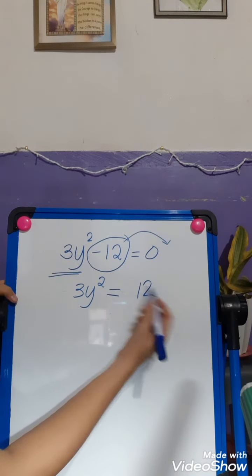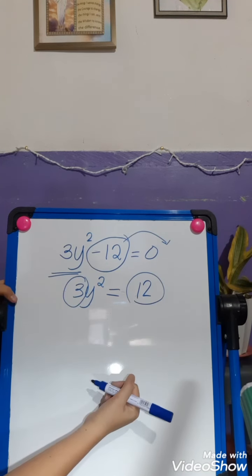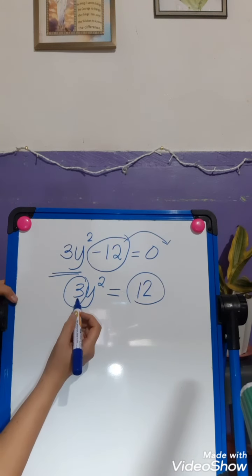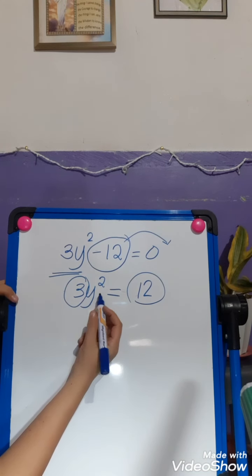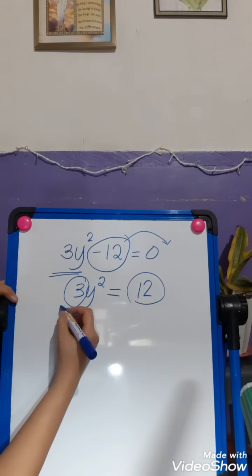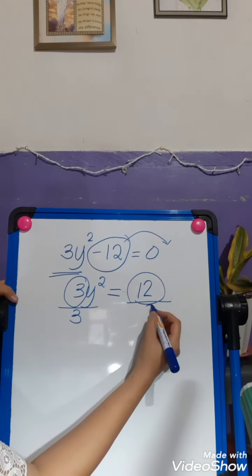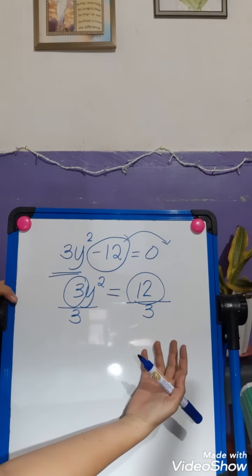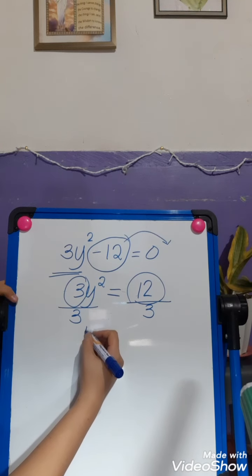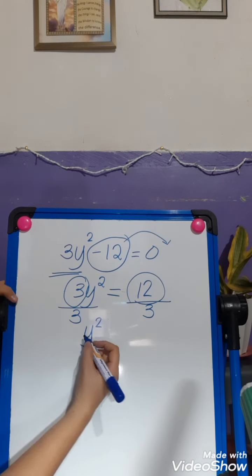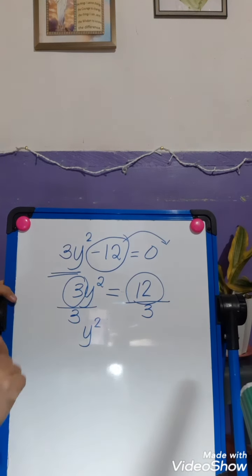Then, upon inspection, these are not perfect numbers. So, as I said, tan-awon nato ang number nga tapad sa y squared or x squared, or kung unsa inyong ganahan nga letter ang gamiton. So, this is divided by 3, both sides divided by 3. So, 3 divided by 3, that is 1, or just y squared. Understood na ang 1, pero di na natin isulat.